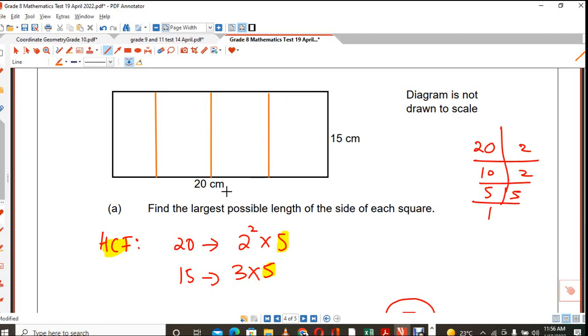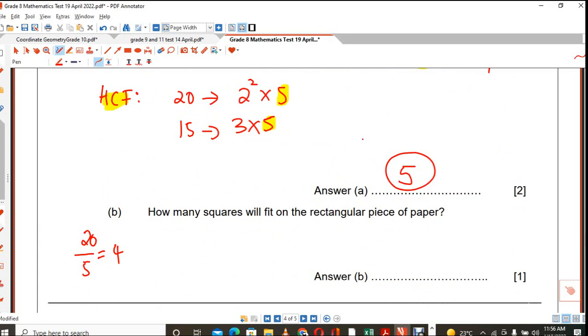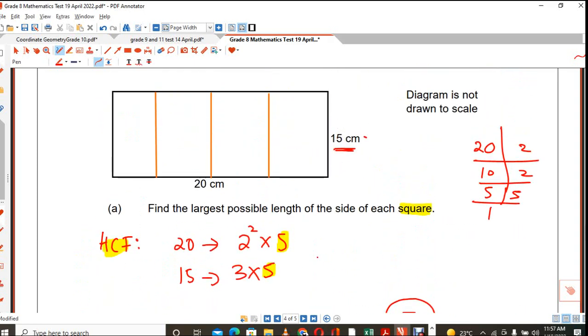Are you following? But I'm looking for squares, right? So we must take which distance? We must take this 15. If I take that 15 and I divide 15 by 5, I'll get 3. Do you agree?